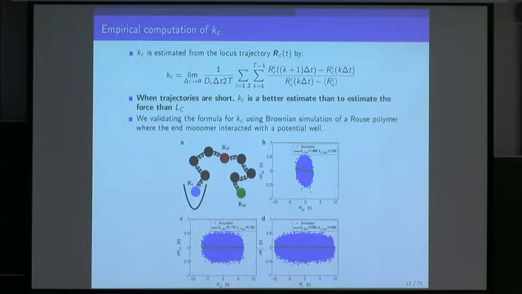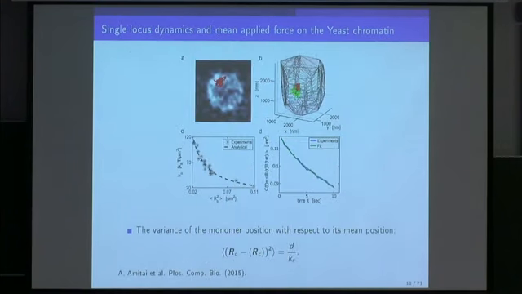So it's somehow a stronger estimator than L_c. Okay, so we looked at several cells, and we could show that really L_c and K_c have this inverse relation, as one can imagine, just by extracting those numbers for multiple trajectories.